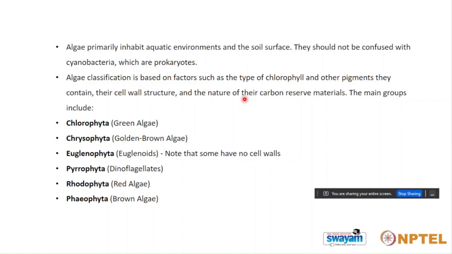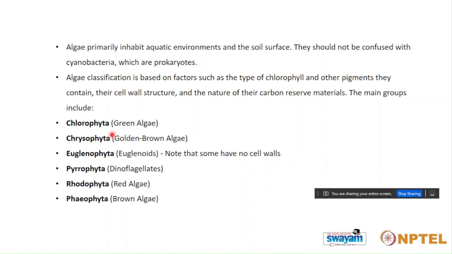As we already discussed, the classification of algae depends on the type of chlorophyll content and also the other pigments. So we can classify algae as chlorophyta, which is nothing but green algae. Then chrysophyta, which refers to golden brown algae.